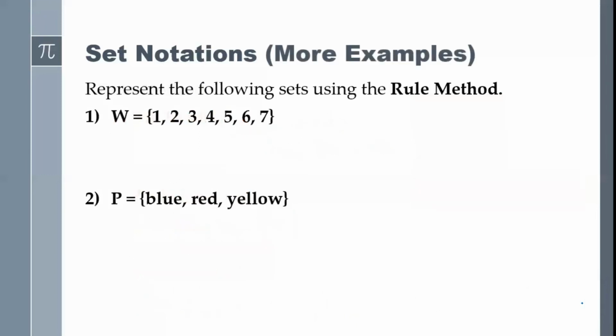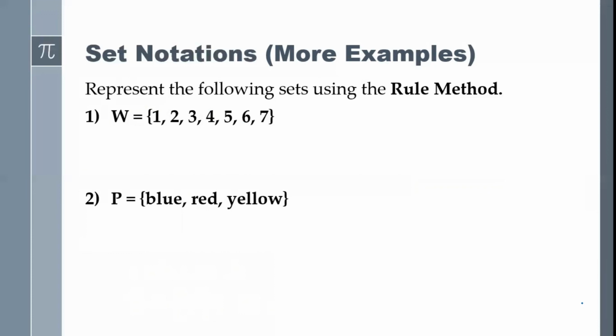Let's have more examples. And I believe this is already our last set of examples. Represent the following sets using the rule method. So it's specified in the instruction that you're going to write each set using the rule method.